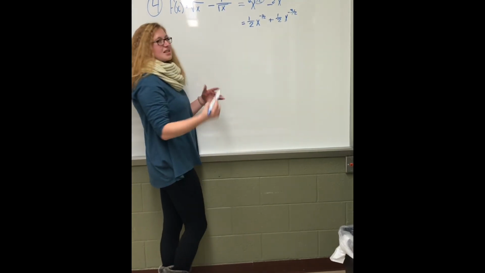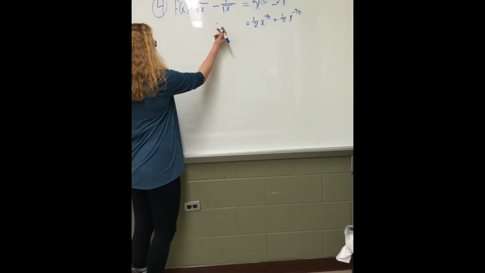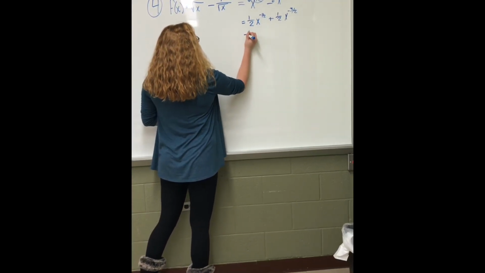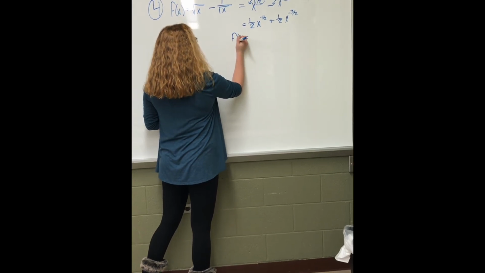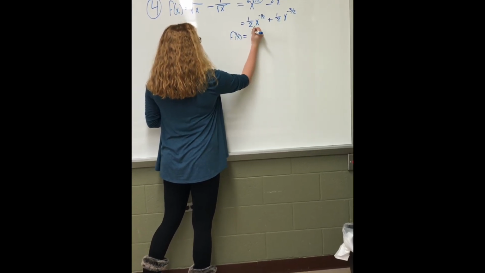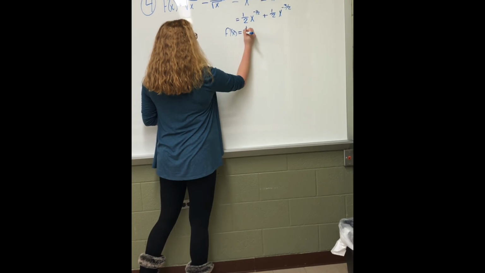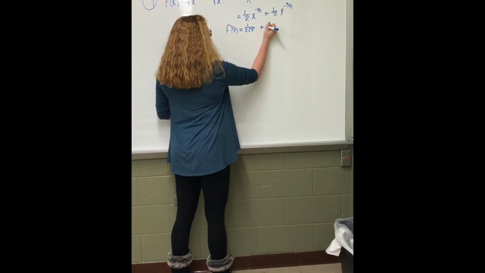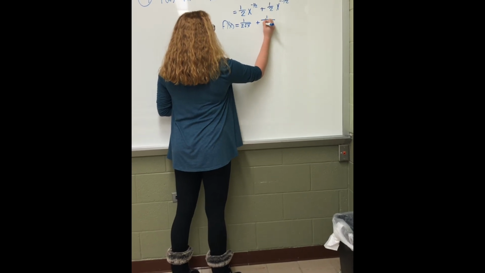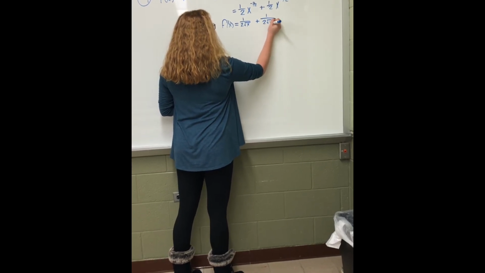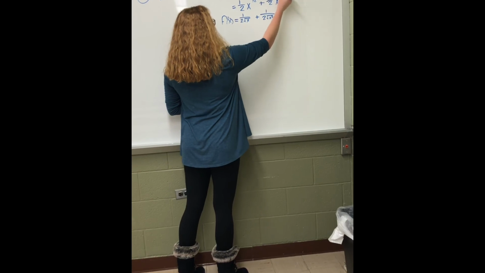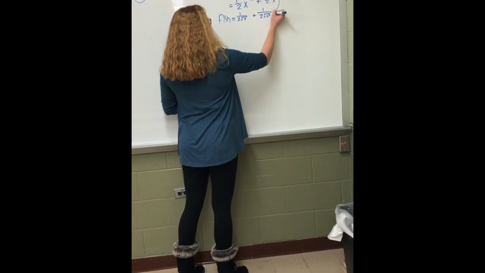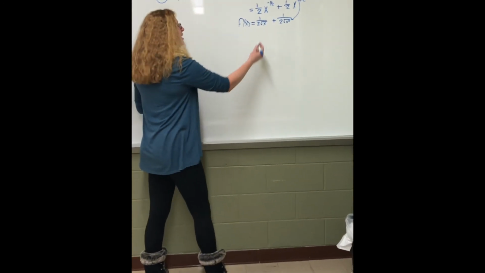And then to write this in a simplified form as fractions, you would be left with f prime of x equals 1 over 2 square root of x plus 1 over 2 square root of x cubed, because the 3 comes from the top of the fraction. And this is your answer.